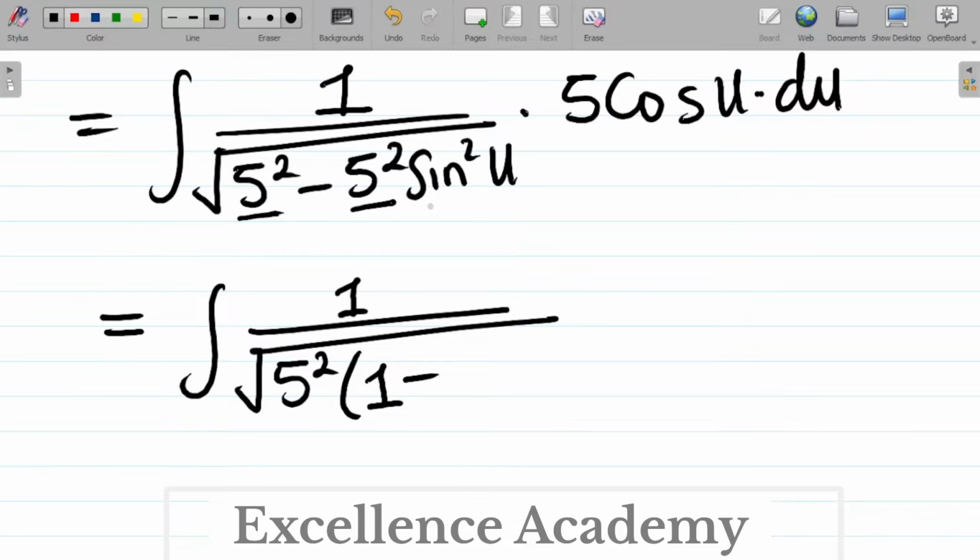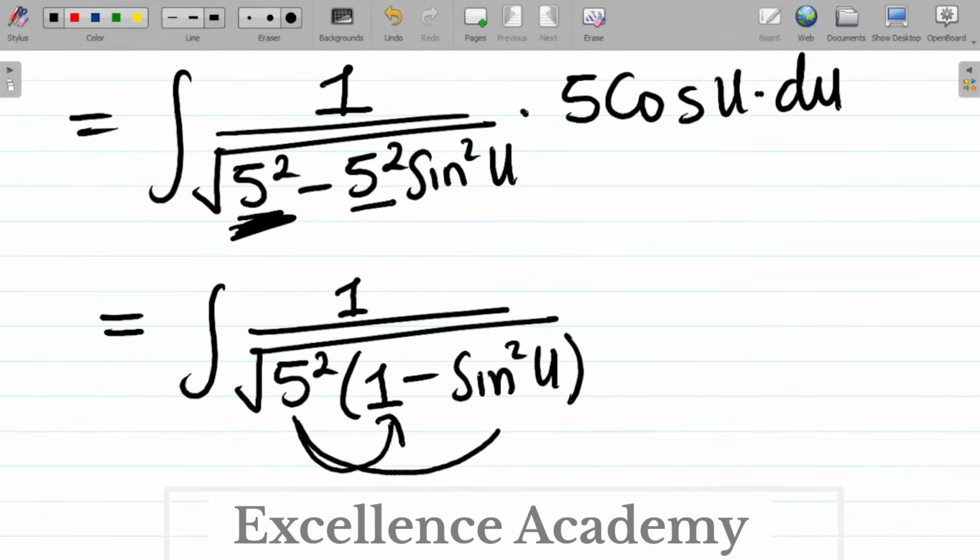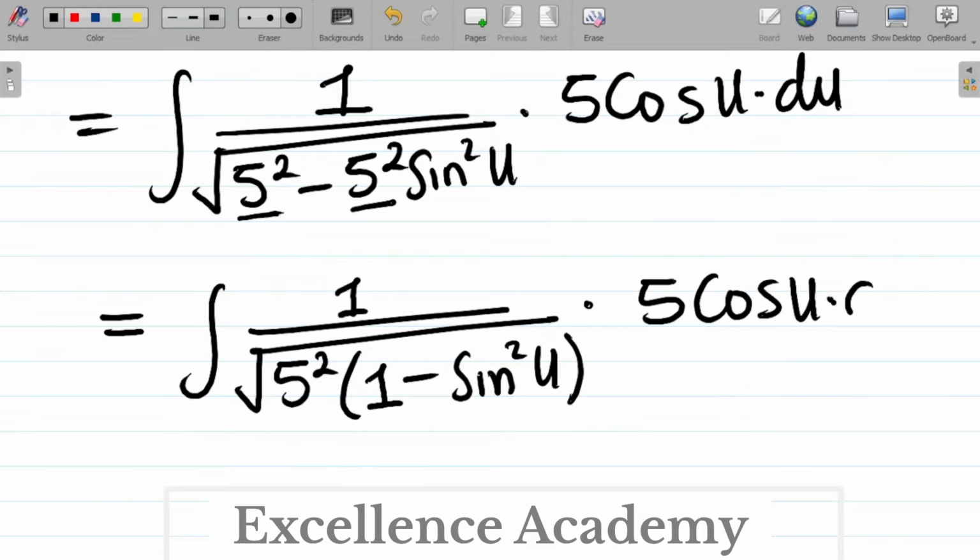So 1 minus 5 squared sine squared u divided by 5 squared; 5 squared cancels 5 squared, leaving sine squared u. Check this out: 5 squared times 1 gives 5 squared, and 5 squared times sine squared u gives 5 squared sine squared u. So literally all we have to do here is to factorize 5 squared, times 5 cos u du.